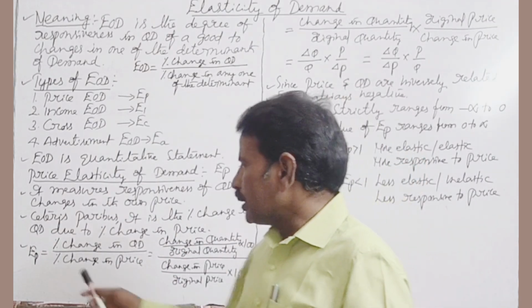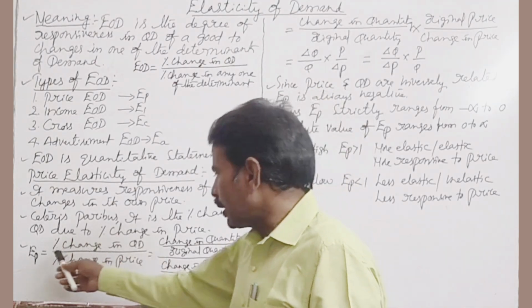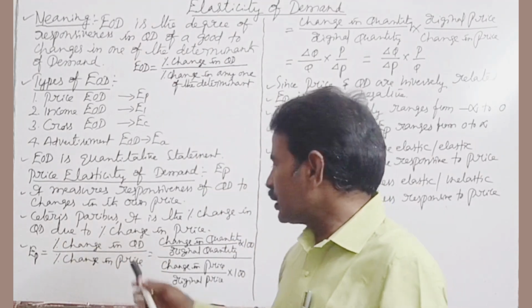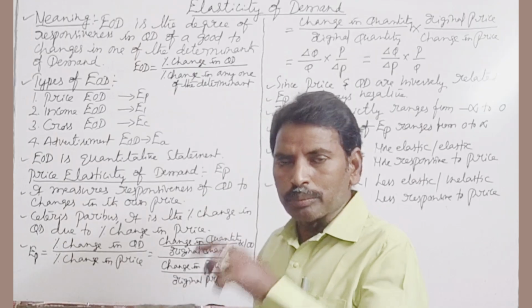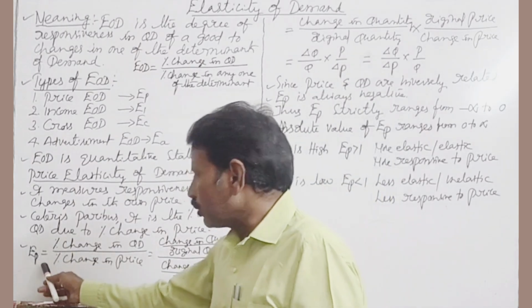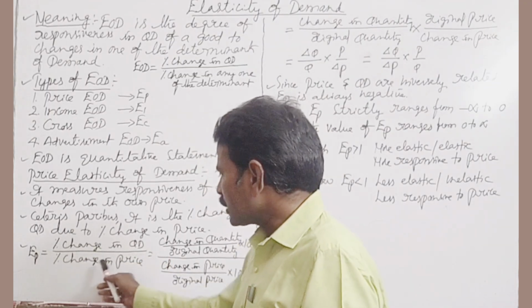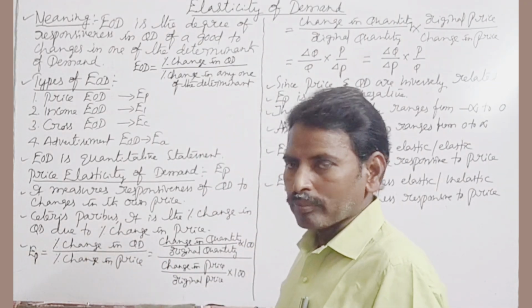Therefore, EP is equal to percentage change in quantity demanded divided by percentage change in price.